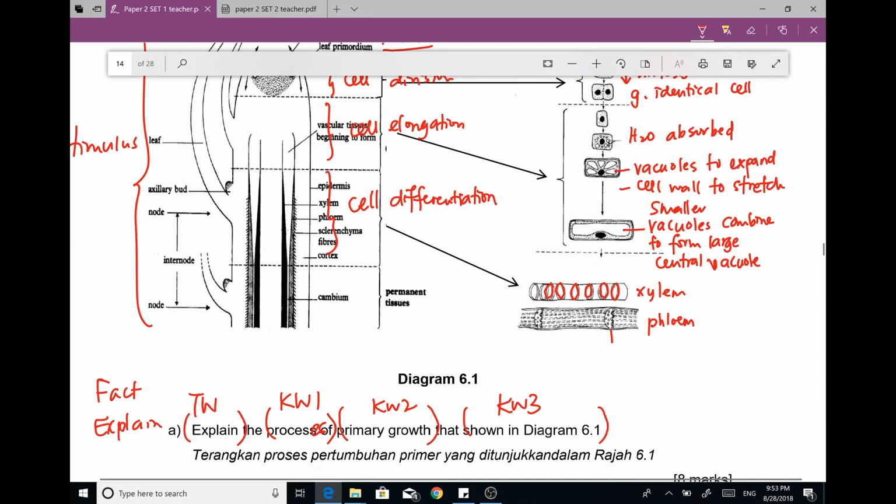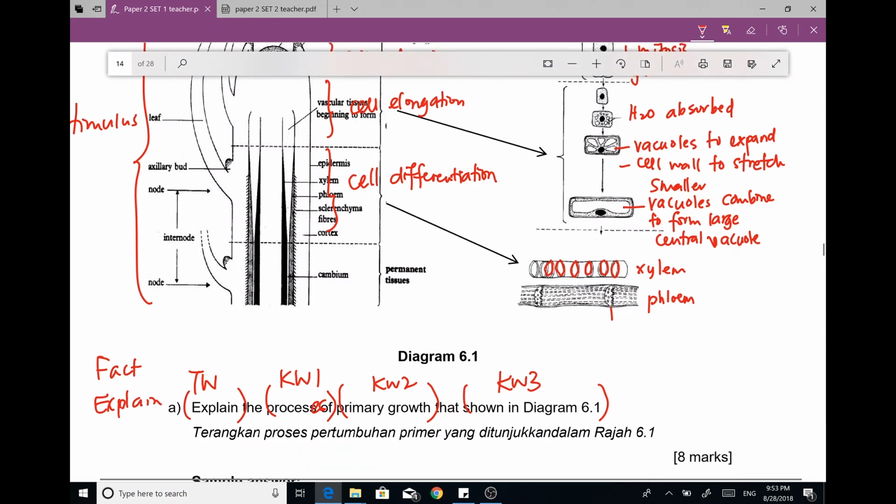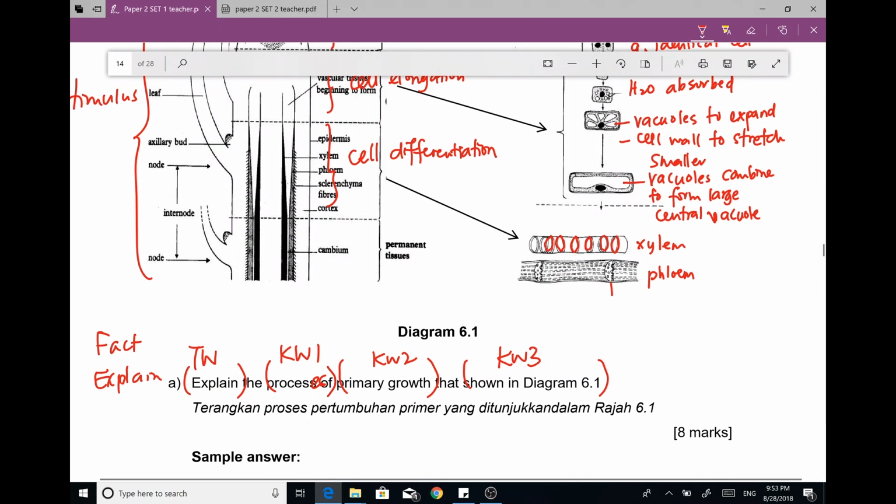So what actually happens during cell differentiation? In order for the cell to become different types of tissue, first of all, the cell must change in shape. Now, after changing in shape, then it is going to perform a specific function.